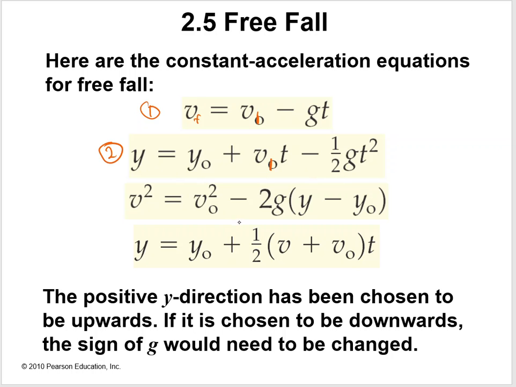So I'm going to go to the next one here then. All right, this is my Vf, there's my Vi, I know gravity, I know my final height, I know my initial height, ding, ding, ding, I have my winner here. Equation 3 becomes my winner for what I want to find.